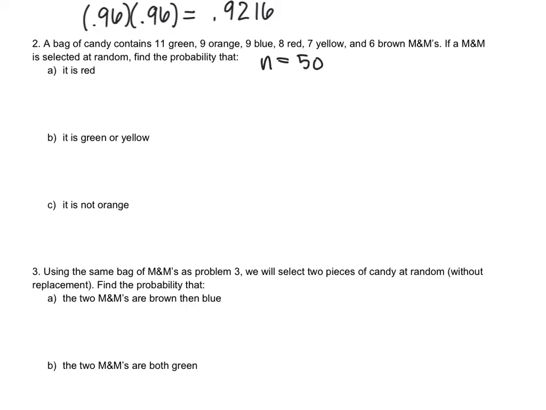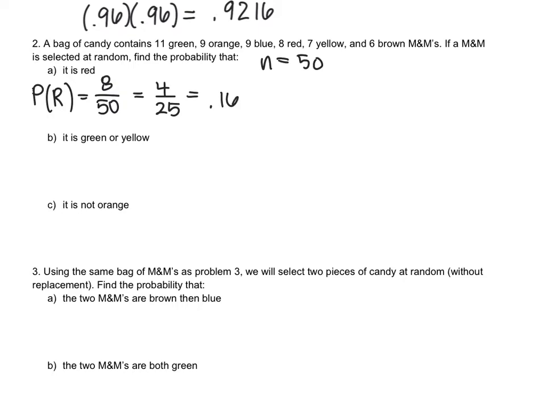So there are 8 red M&Ms out of our total of 50, and you can either convert this to a simplified fraction, which is 4 out of 25, or you can give me the decimal, which is 0.16.